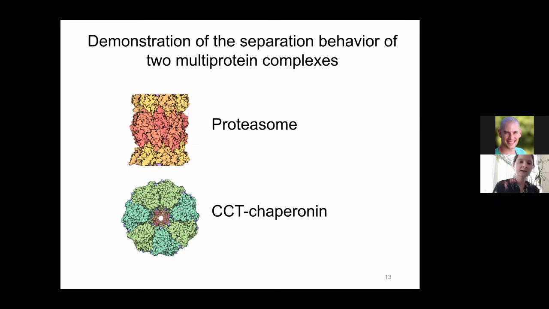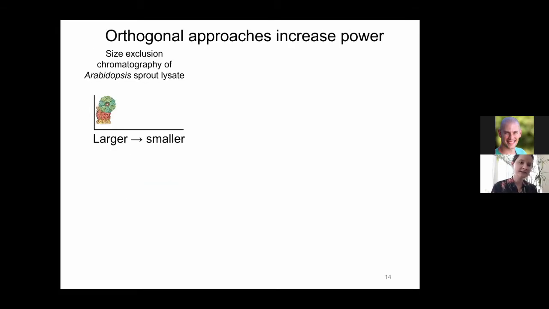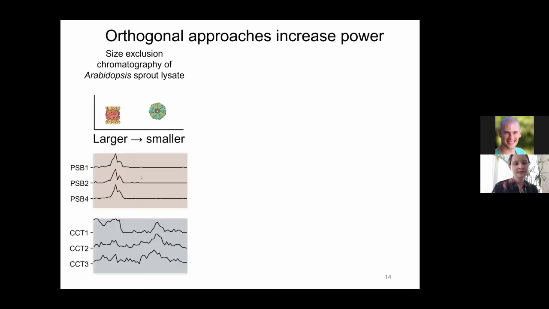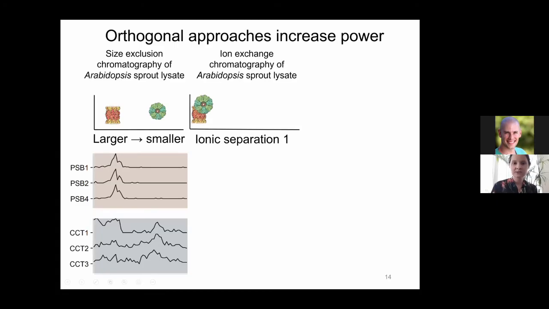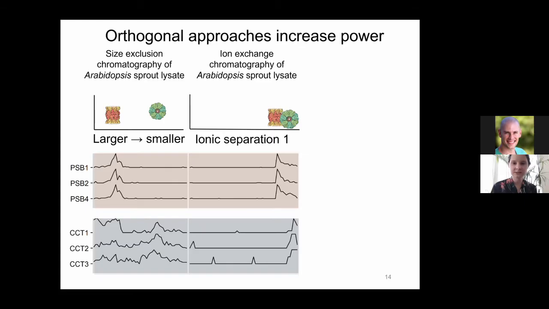So I'm going to show you some real data of how actual protein complexes going across fractionation columns look. This was from a size exclusion of Arabidopsis sprout. You can see that these 3 members of the proteasome have highly correlated profiles. And the CCT chaperone also has internally consistent profiles. If we do an ion exchange chromatography, which is a different type of separation, you once again see internally consistent fractionation.